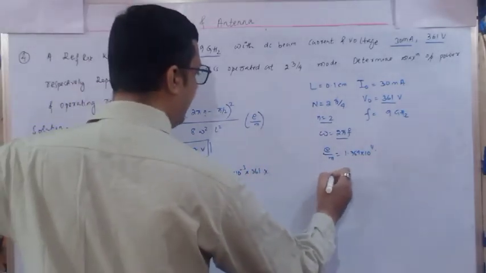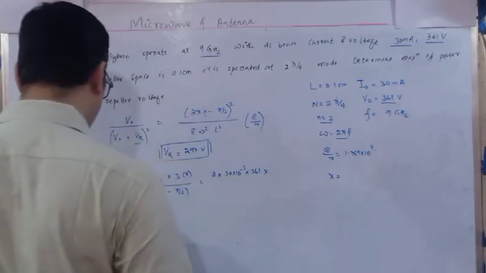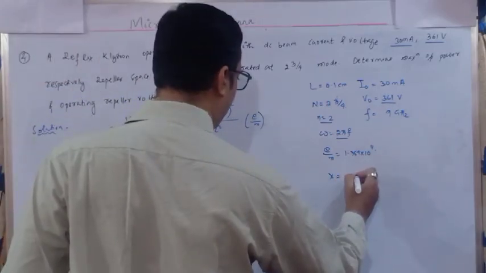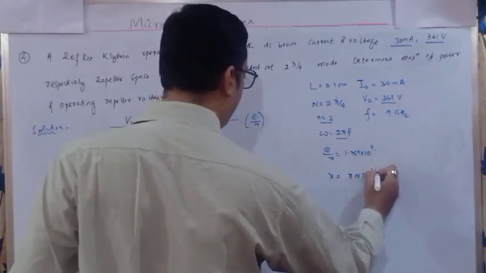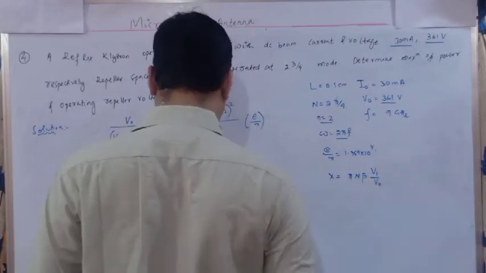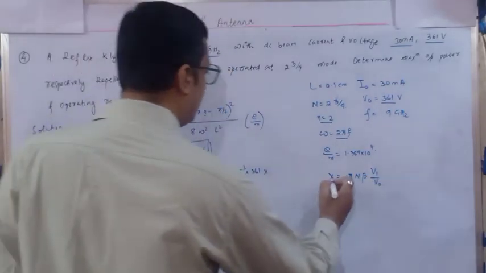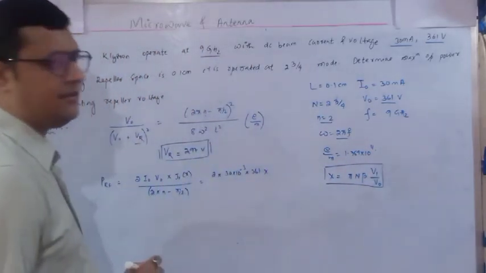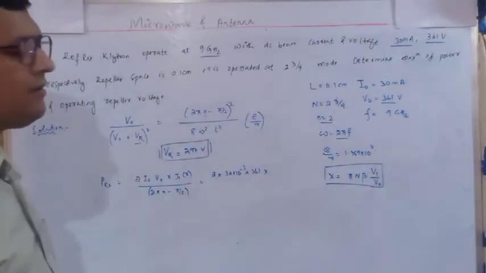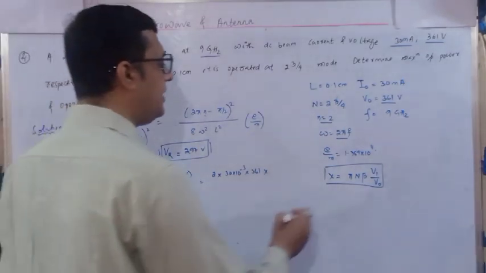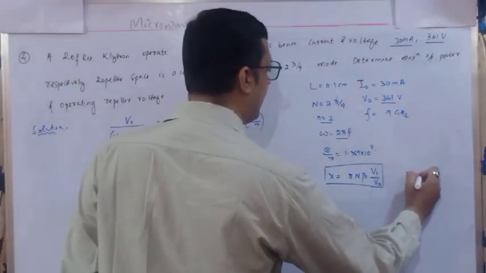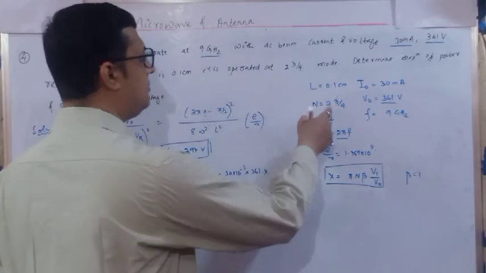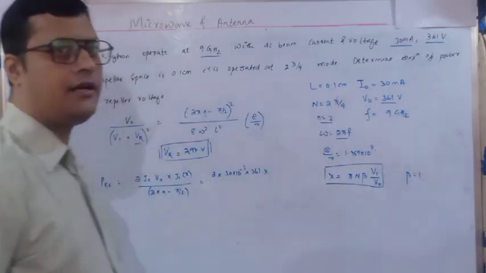X is how much? How to determine X? X is the bunching parameter. It is pi n beta V1 divided by V naught. This bunching parameter depends upon the beam coupling coefficient. So beta is equal to 1, n value is 2 3/4, V1 and V naught.